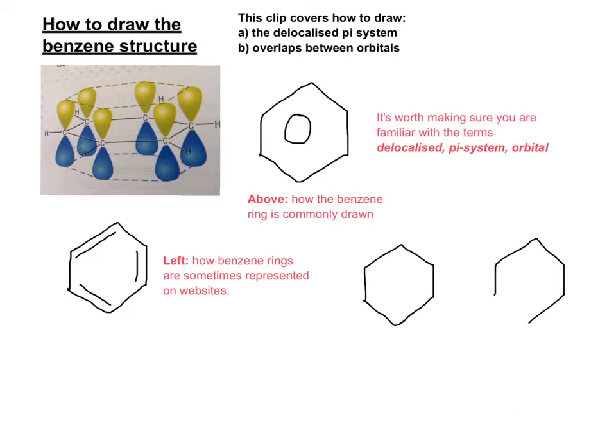And Kekulé himself also proposed an idea of resonance to try and explain away the fact that his structure would react with bromine water when in fact benzene doesn't. So Kekulé was aware of some of the issues with his original structure.